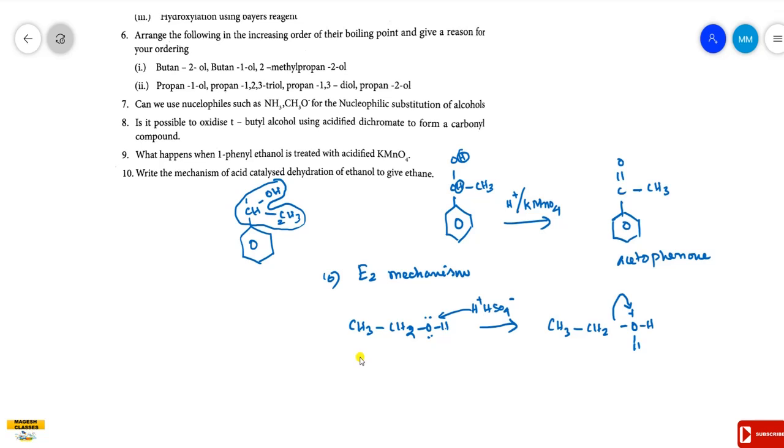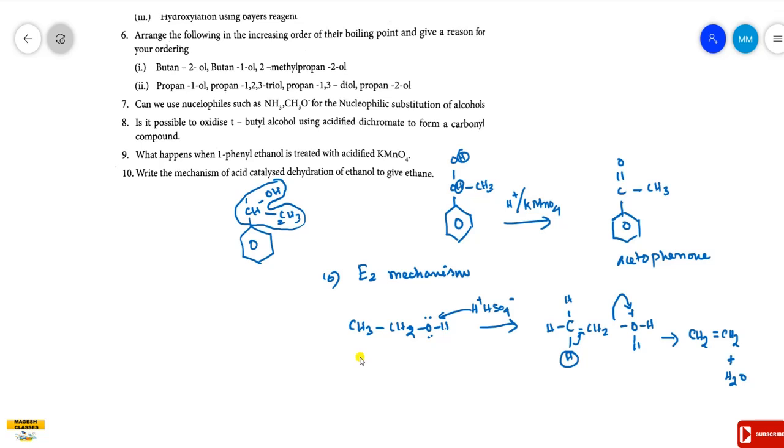Writing the CH3 as C, H, H, H, the electron is abstracted so that this electron goes here, removing one hydrogen as H plus. You get CH2 double bond CH2 in the first carbon, and the bond to oxygen is broken, giving the water molecule.